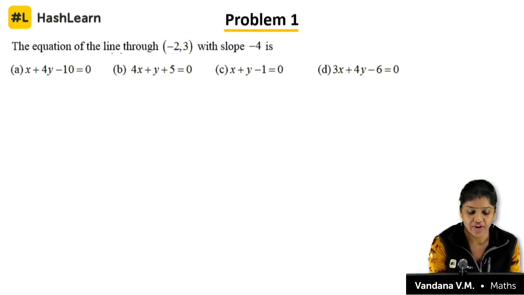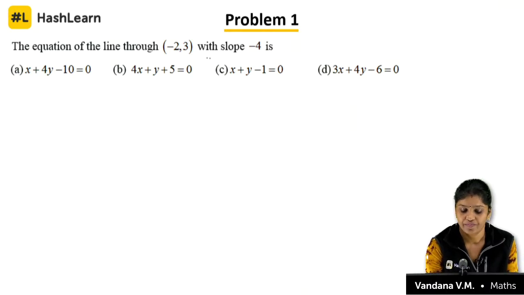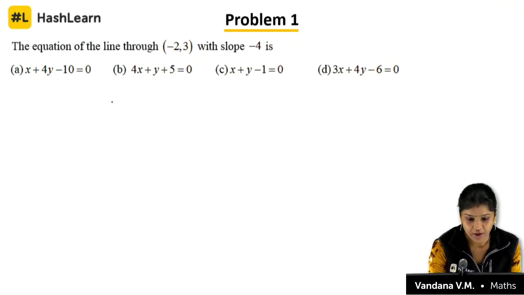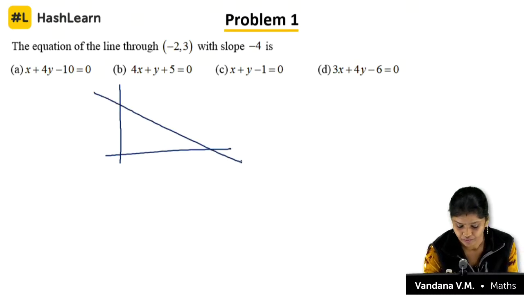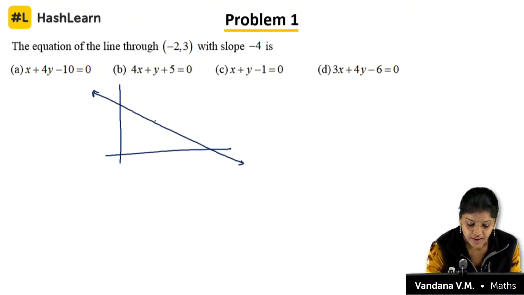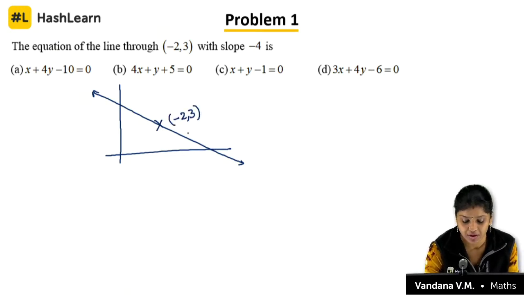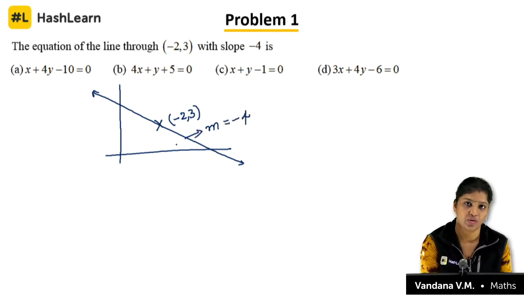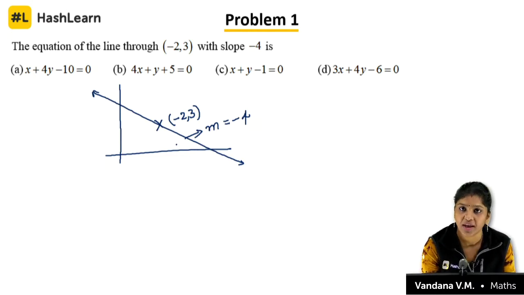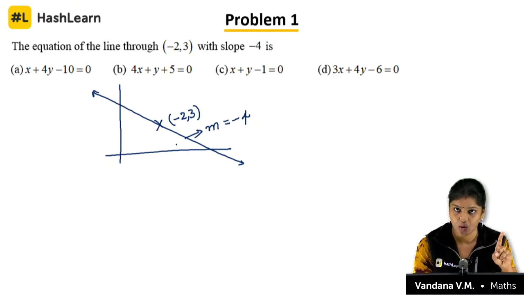The equation of a line passing through, see, I want the equation of a line. This line is passing through (-2, 3) and they are providing the slope also. Slope is -4. So, what information did they give? They gave the point it passes through and the slope. So, it is point slope form.